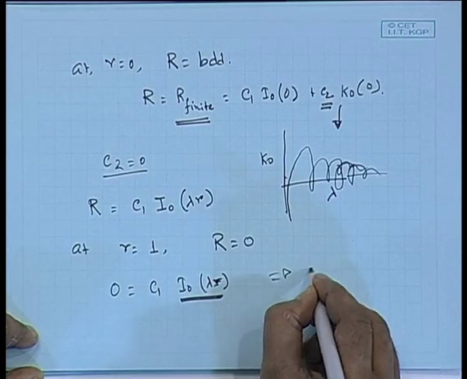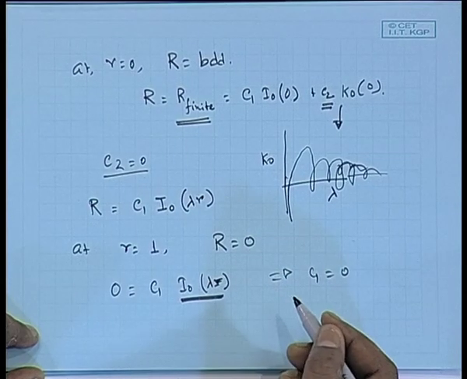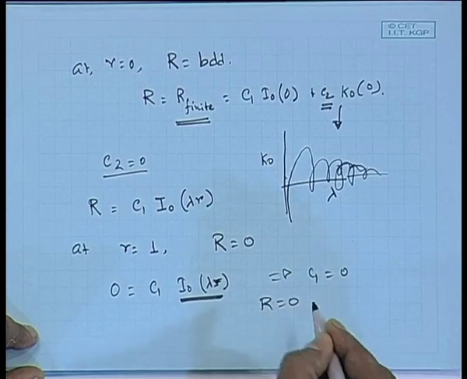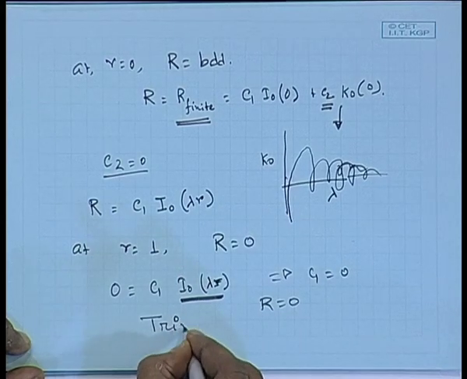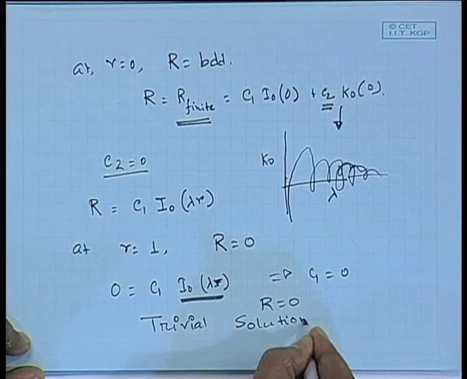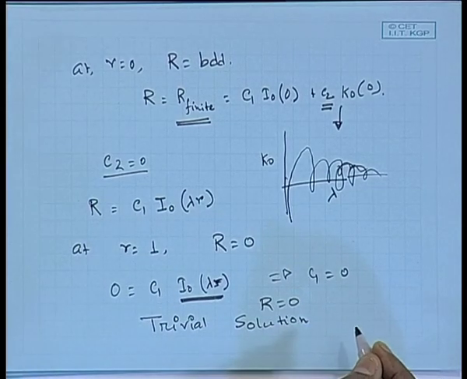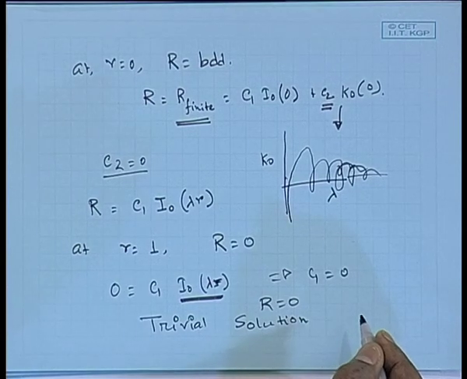That means, C1 will be equal to 0. If C1 is equal to 0, then your whole solution becomes 0. So, again you will be landing on a trivial solution. Okay. So, that constant cannot be positive as well.